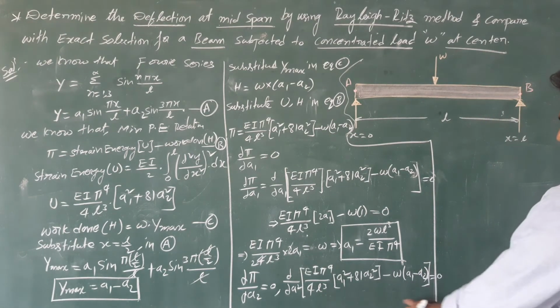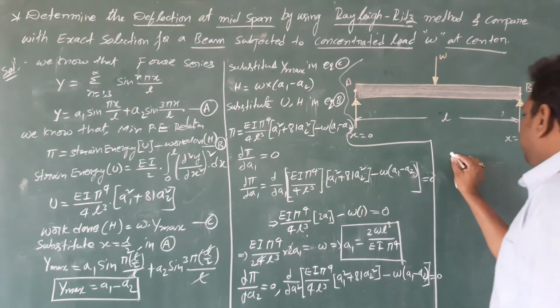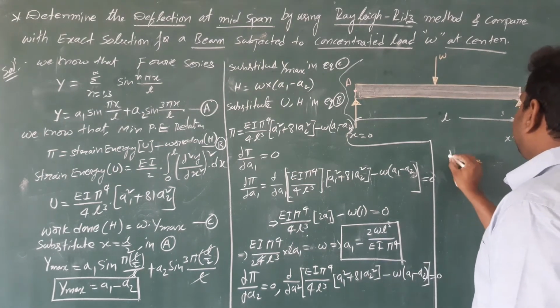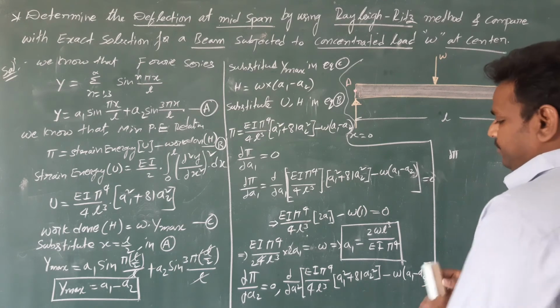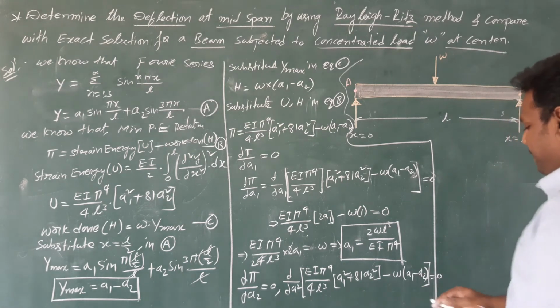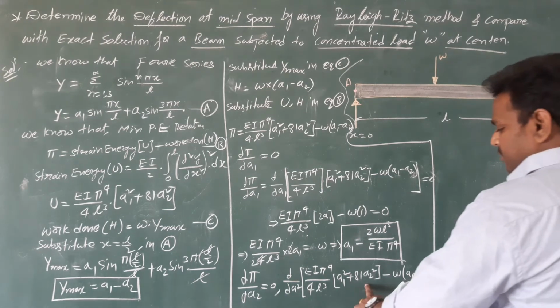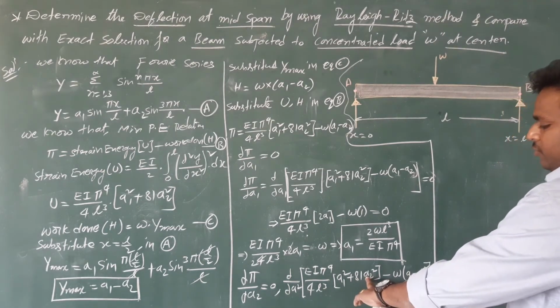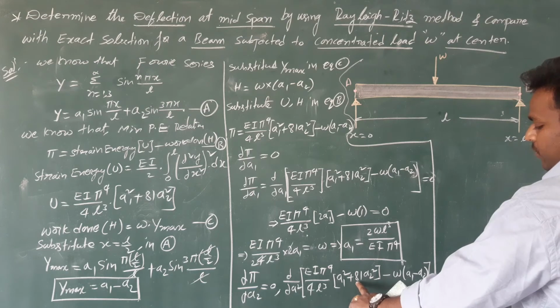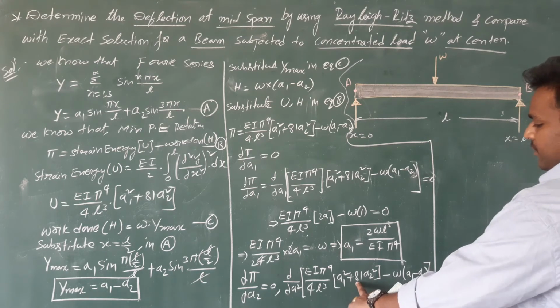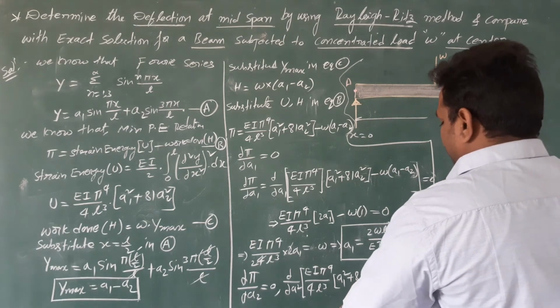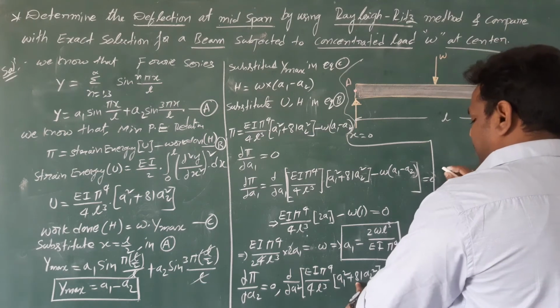Differentiate this entire equation, we will get dou pi by dou a2. After differentiation, here a2 is there, but the differentiation of a2 square is 2a2, 2 into 81, that is 162.